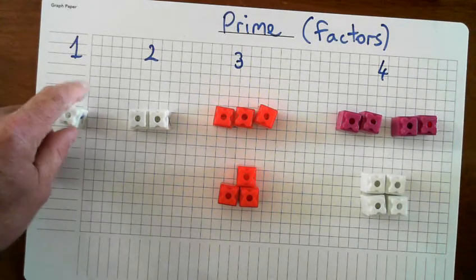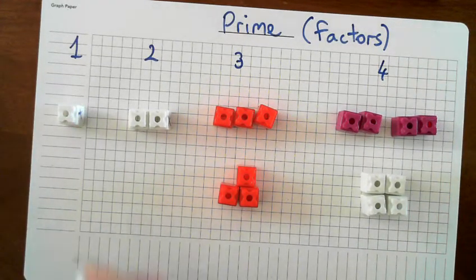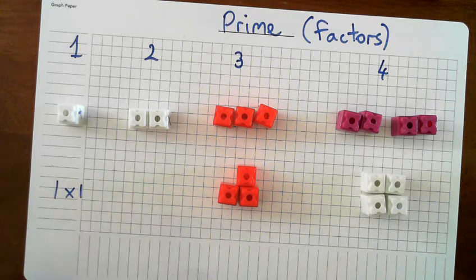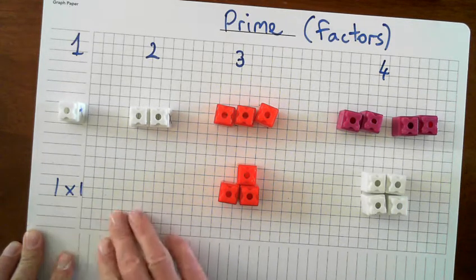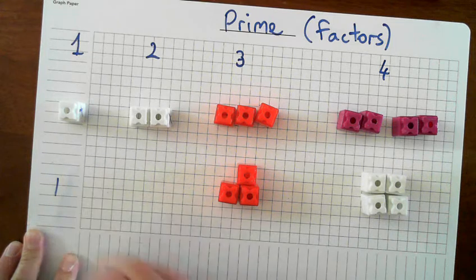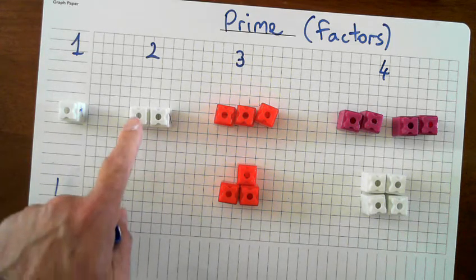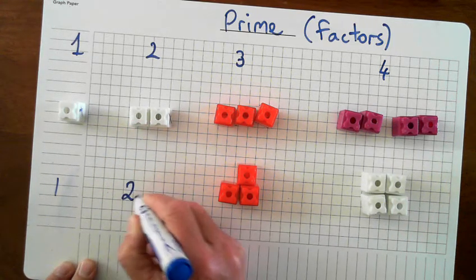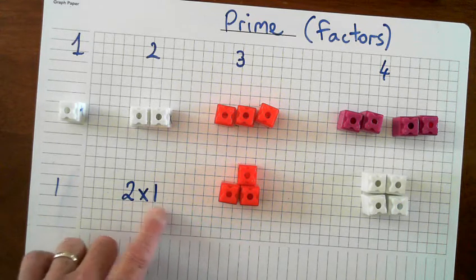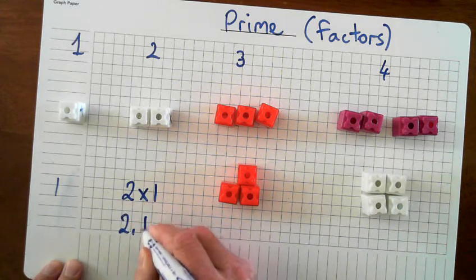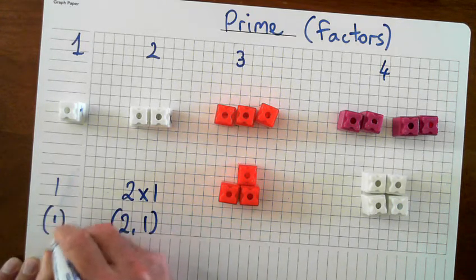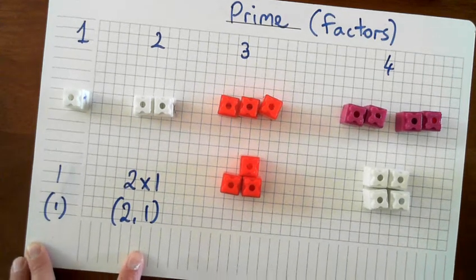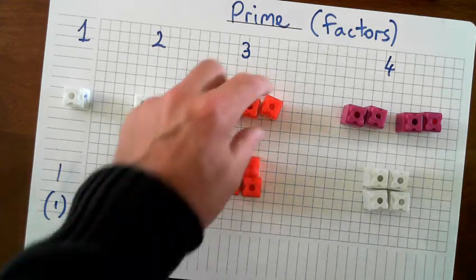So what are the factors of the number 1? 1 times 1. So we can't write it twice. 1 is a factor. What are the factors of 2? 2 by 1. So 2 and 1 will divide in. So you write like this. 2 and 1 are factors.